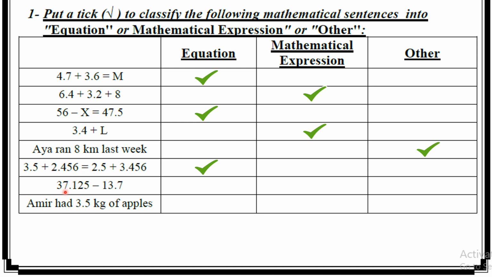And now 37.125 minus 13.7. Here we have two numbers and an operation, so it will be a numerical expression. And now Amir had 3.5 kilograms of apples. Here we don't have any operation, we don't have equal, so it will be others.